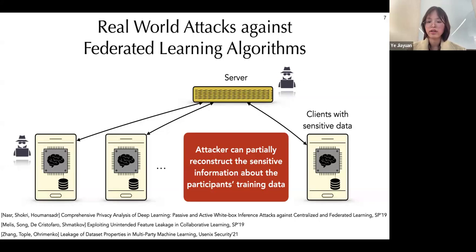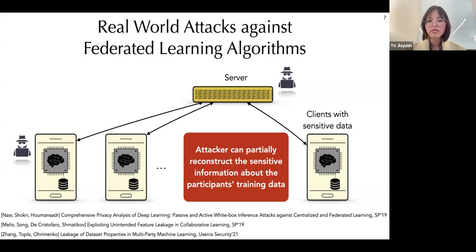This includes, for example, the most basic membership and also sensitive attributes of data in other parties, and sometimes also demographic properties about the other clients' data, such as whether they are all from the same demographic group, and so on and so forth.